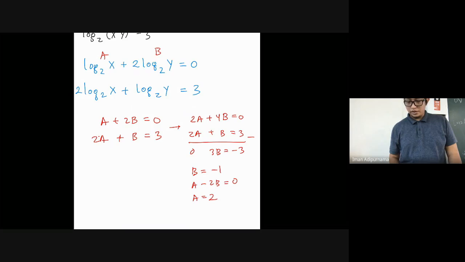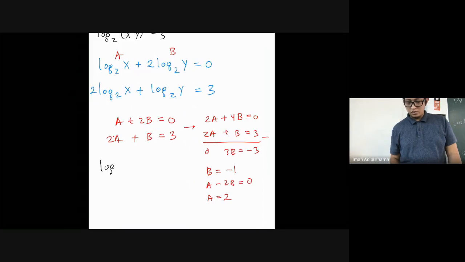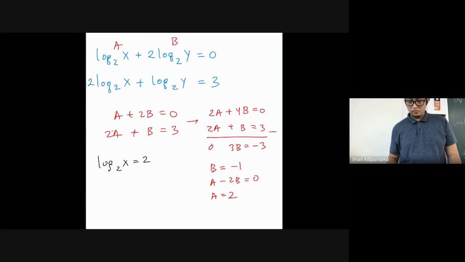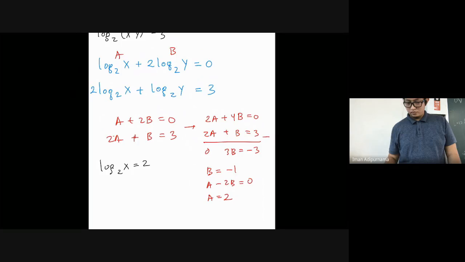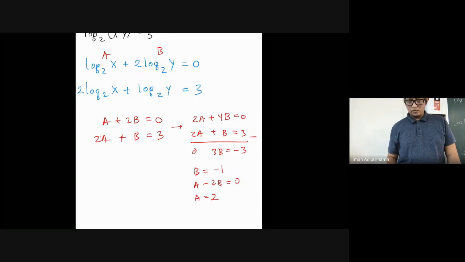And put back to the original one. So log 2 of x is a, which is 2. Wait, wrong one, this is b. So log 2 of y is negative 1. Y is half. Log 2 of x is 2. Oh yeah, correct. It's 4.